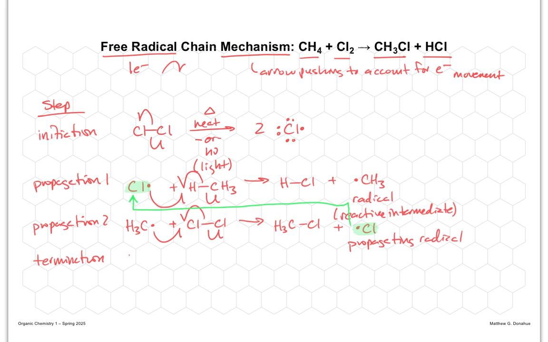So for example, if we had the methyl radical react with the chlorine radical, so we can just bond those together. That forms the product chloromethane, but notice that there's no other radical produced. So when those two combine, it stops.